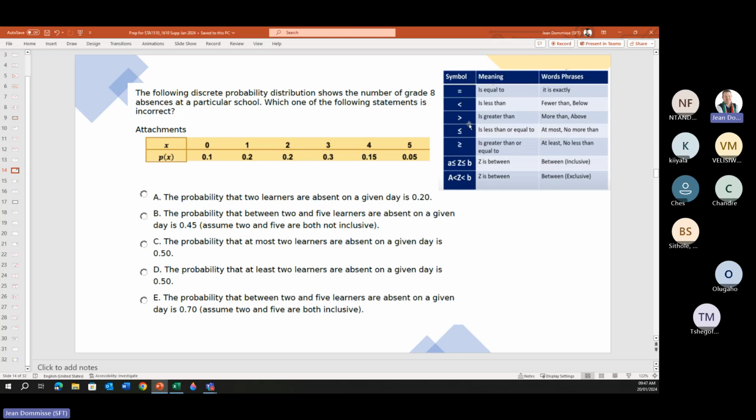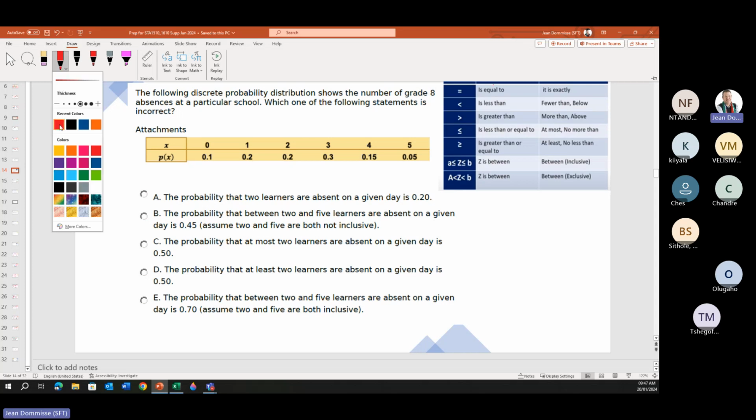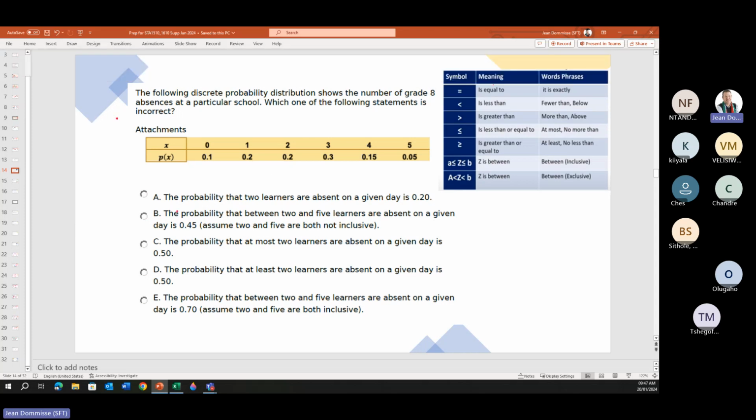But again, I like to use this table because English is not my first language. So when they start throwing in all of these is equal to, fewer than, at most, I start getting confused. So use the table, please.